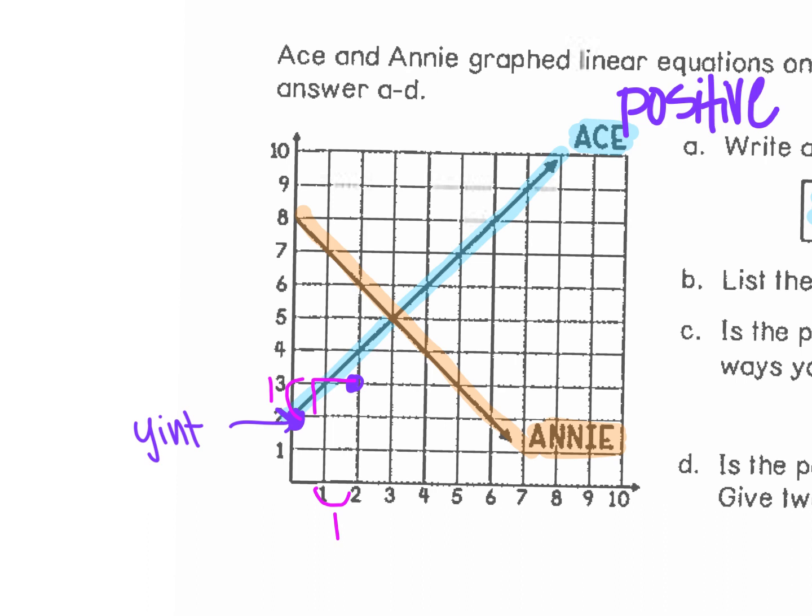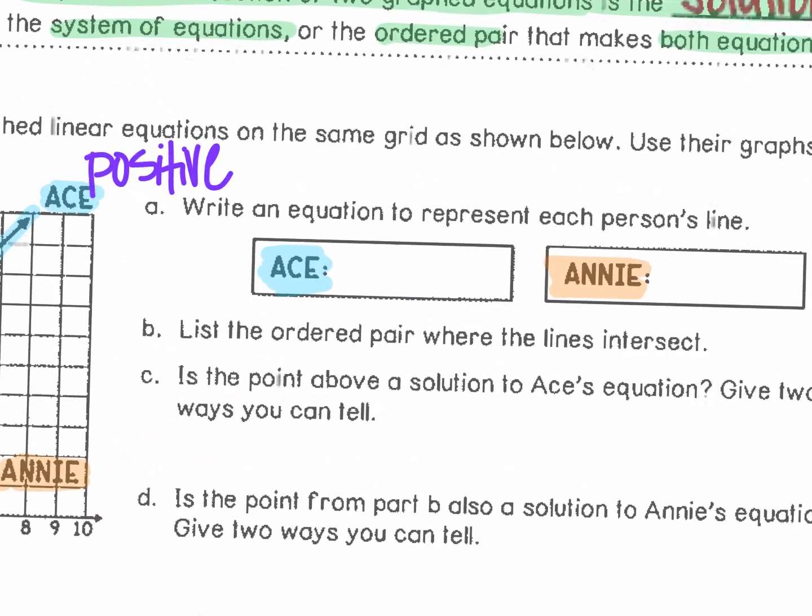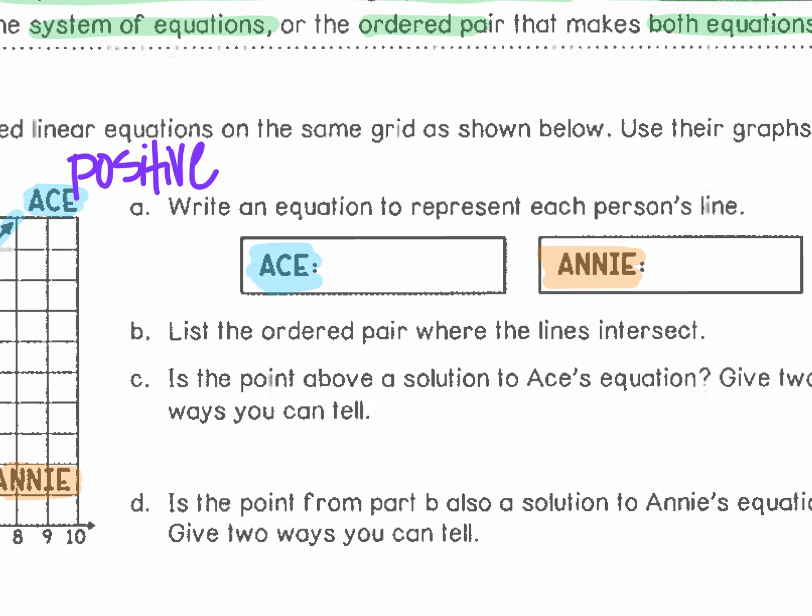Now I'm going to put those amounts together. The y-intercept was 2, and my slope is 1 over 1. So now when I come over to Ace, when I write the equation that we've been practicing, y equals 1x, you can put the 1 or not, it's your choice, plus 2.